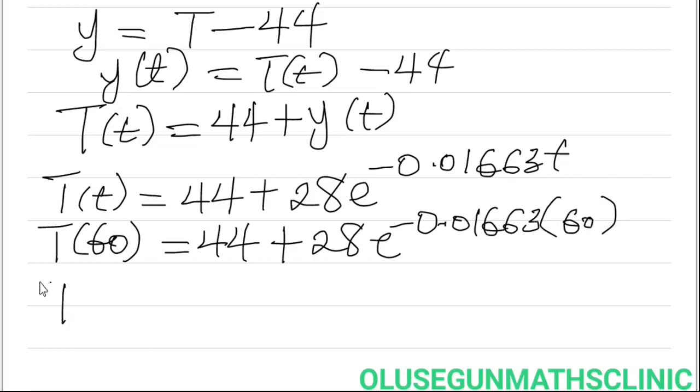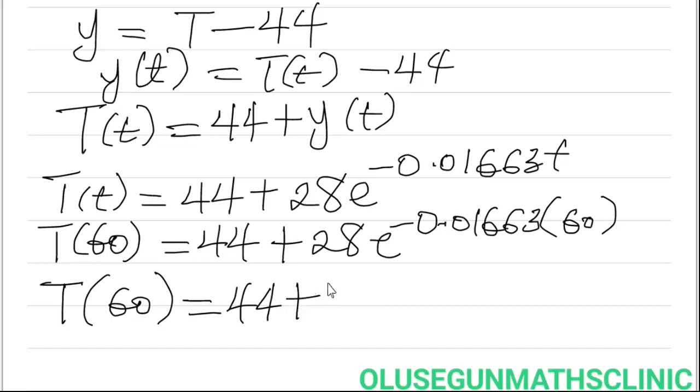So the T of 60, at 1 hour 30 minutes, will be 44 plus 28 times the exponential.